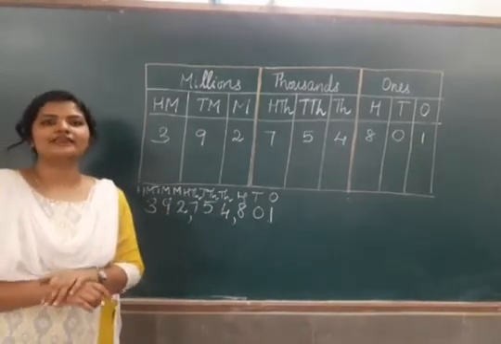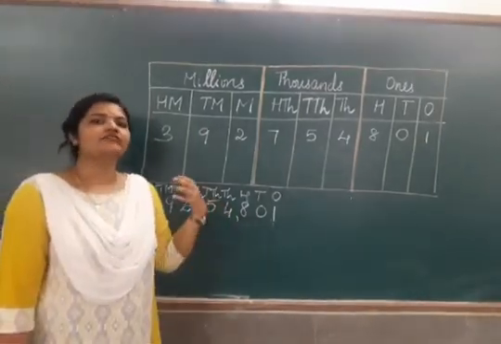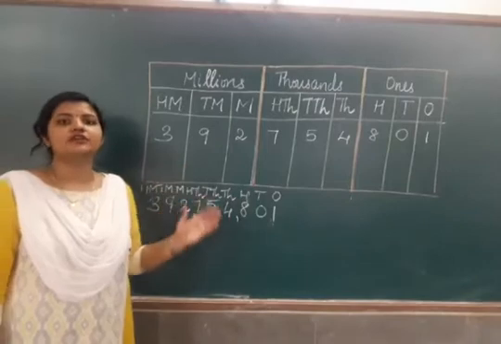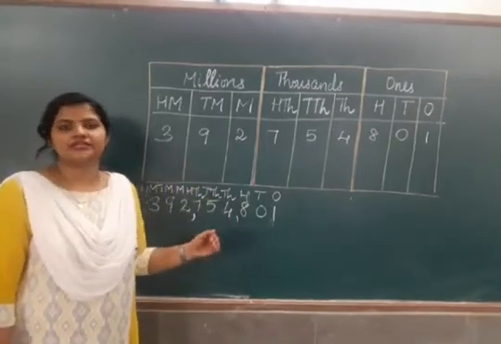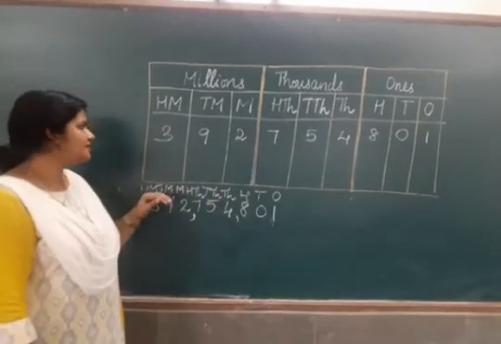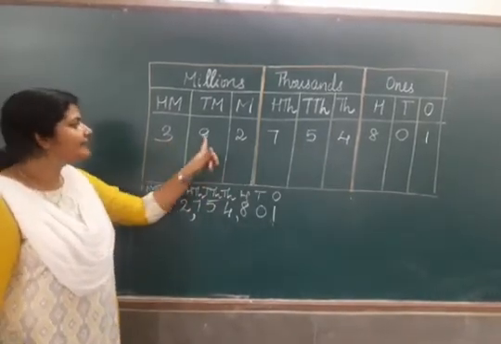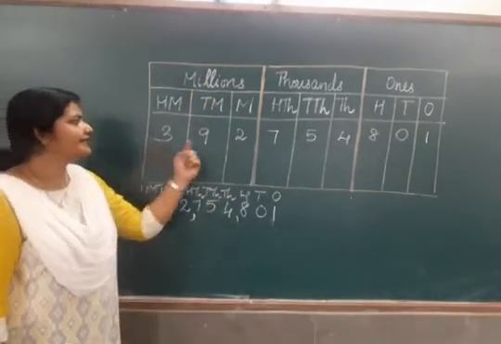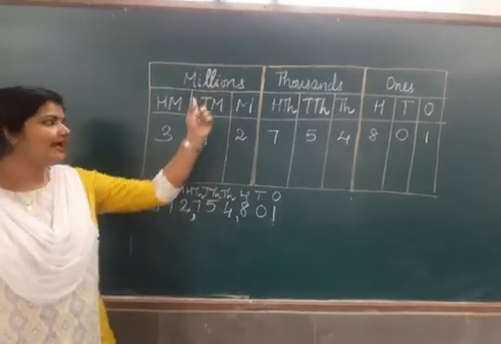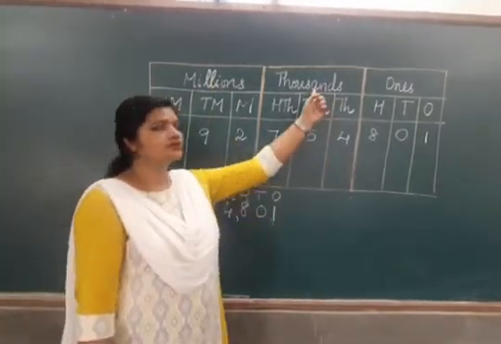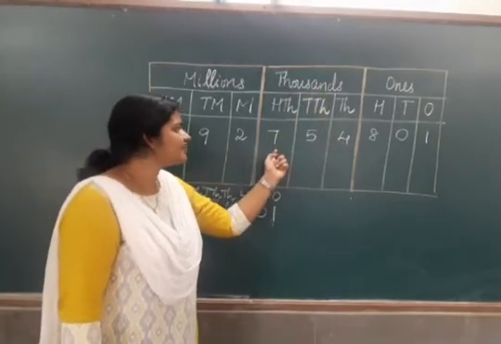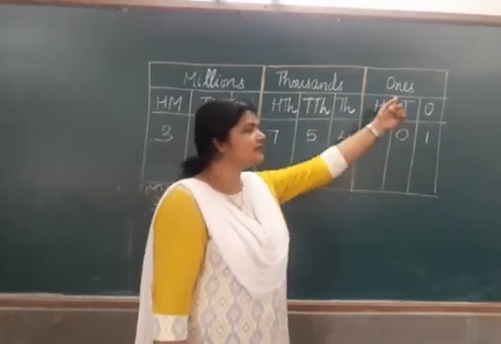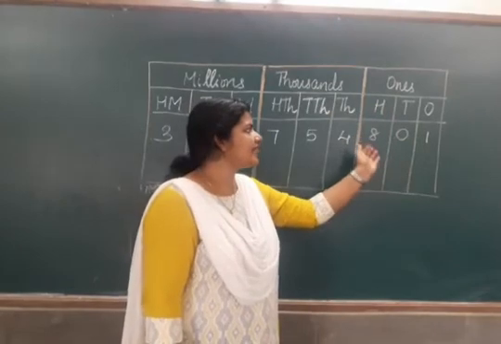Now let's see how we can write the name of this large number. You have already learned in the Indian Place Value System that the digits belonging to the same period are read together along with the period name. For example, 3, 9 and 2 belong to the millions period, so it is read as 392 million. And 754 belongs to the thousands period, so it is read as 754 thousand. And 8, 0 and 1 belong to the ones period, so it is read as 801.